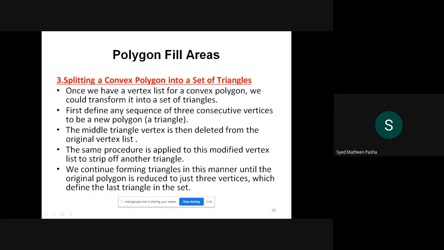Then this procedure is applied until you strip off another triangle. We continue forming triangles in this manner until the original polygon is reduced to some n number of vertices. At last, we'll check the polygon which consists of a huge number of vertices as a set and define it as a convex polygon where it consists of a huge number of triangles in it.